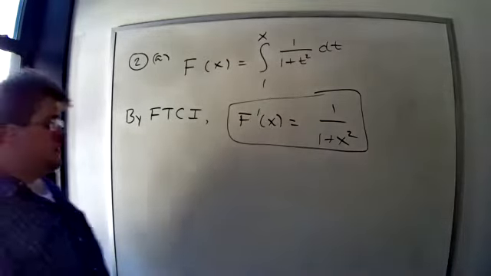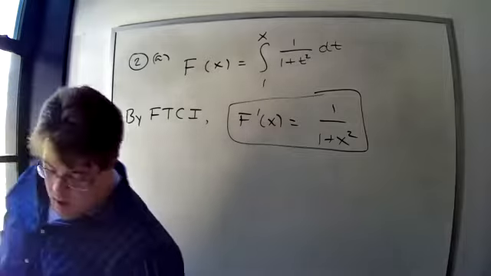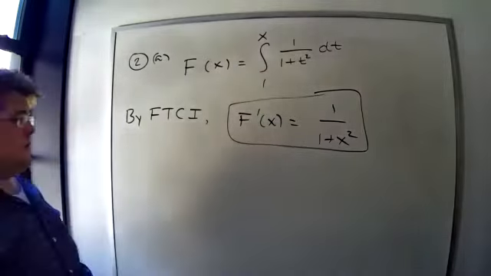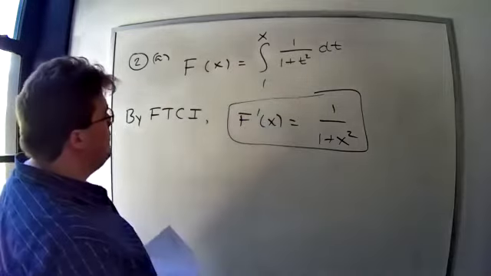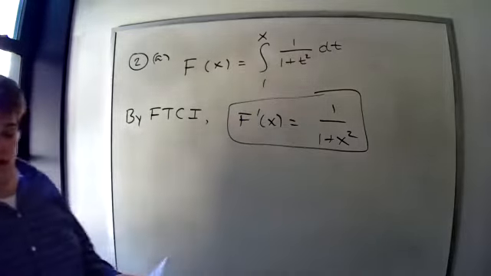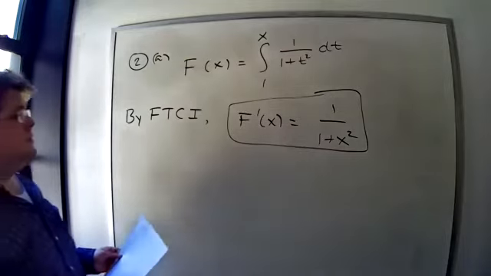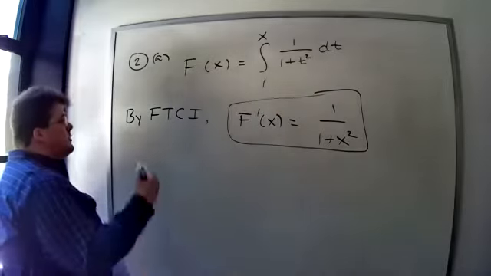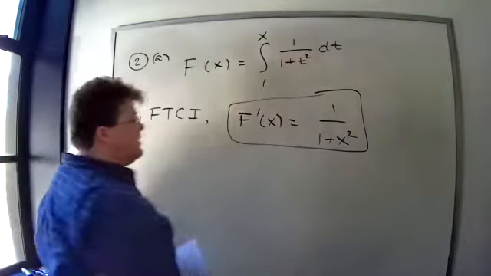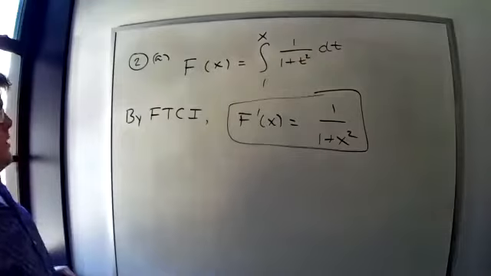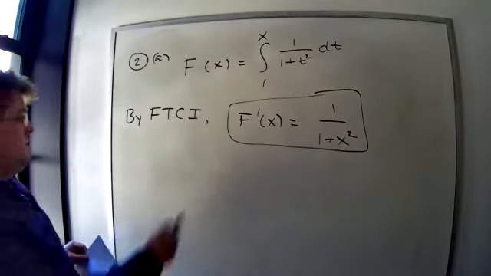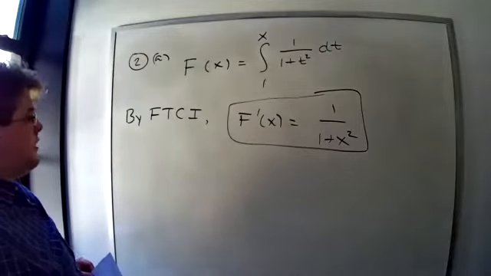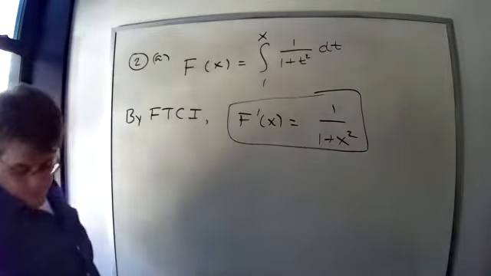So right here in the lecture, right at the end of the first lecture for this week, I mentioned that the first 2 problems on this worksheet could be done 2 different ways. So right here, I showed one way using the first part of the fundamental theorem of calculus. But this one, because we can take this integral with our rules, we can find this derivative directly, technically using the second part of the fundamental theorem of calculus.